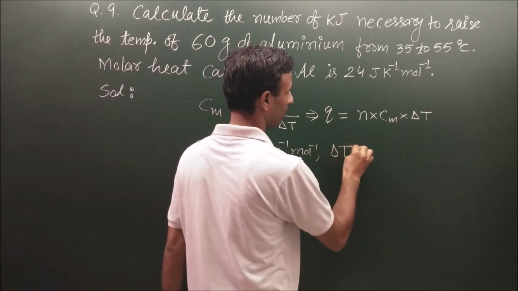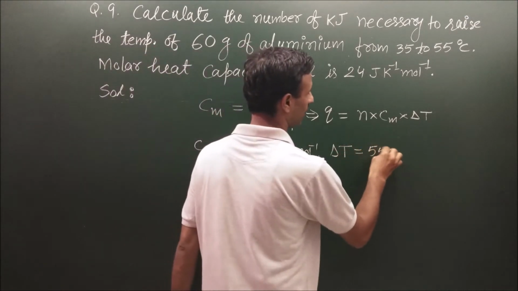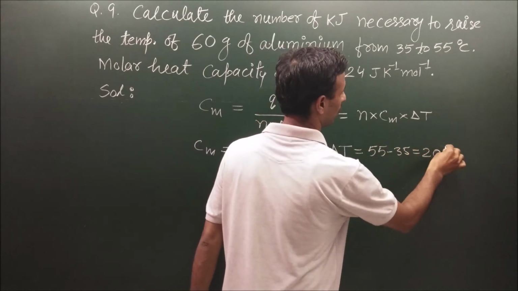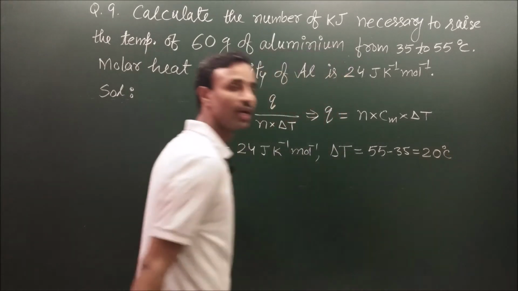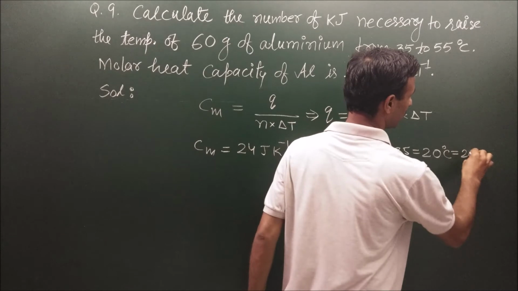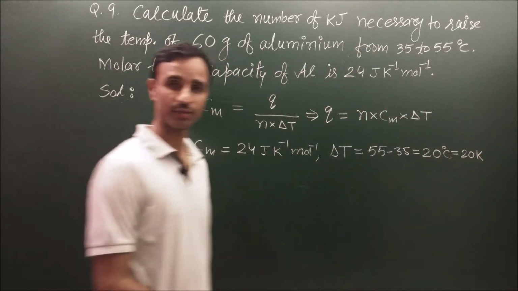Change in temperature is final 55 minus 35, means 20 degrees Celsius, and you know change in temperature is same in degrees Celsius as well as Kelvin.